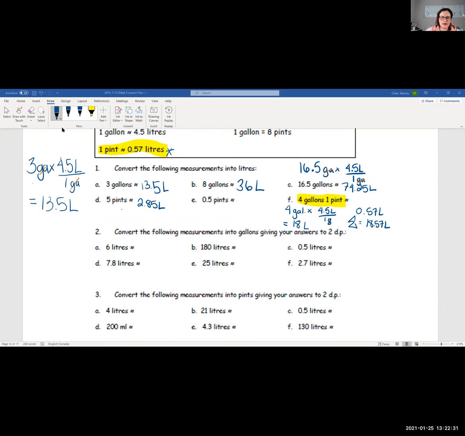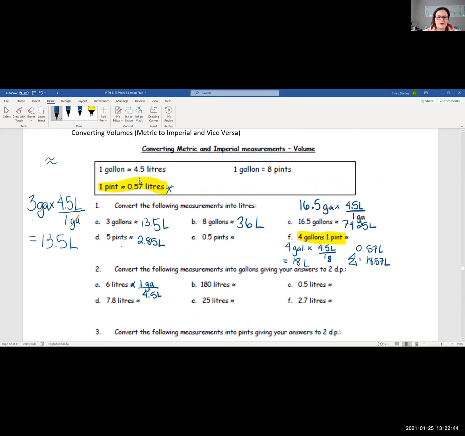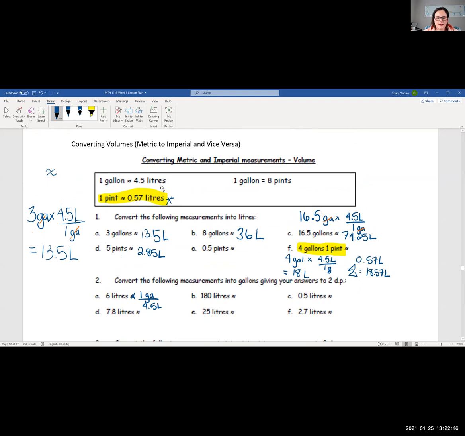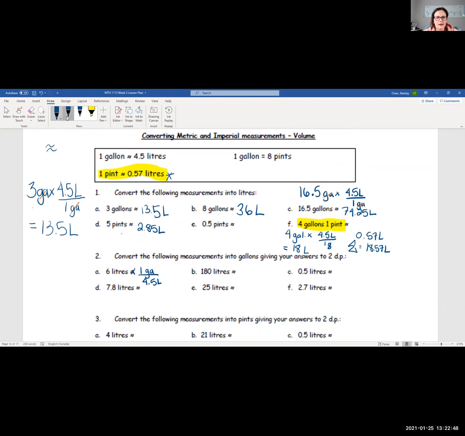So what we do here is we multiply this by 1 gallon divided by 4.5 liters. So instead of having the 4.5 in the numerator, we now have it in the denominator because we now need the units to cancel out. So we see liters is on the bottom, liters is on the top, and now it's canceling to give us the conversion.